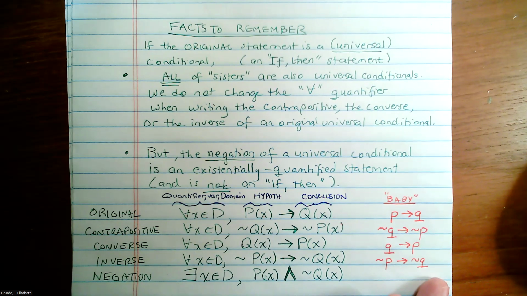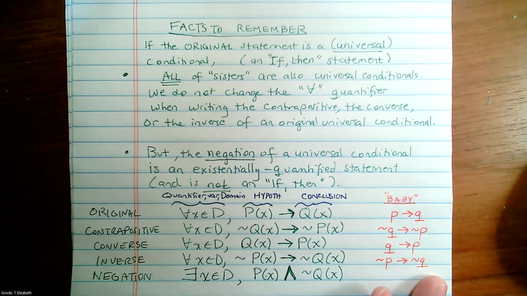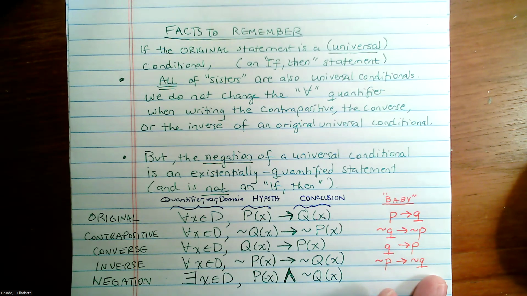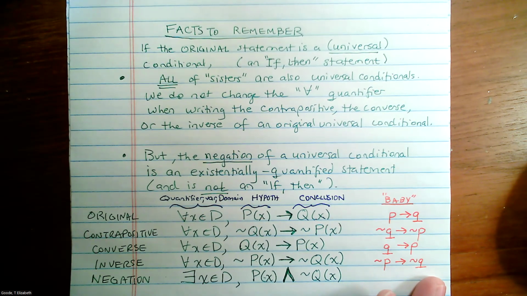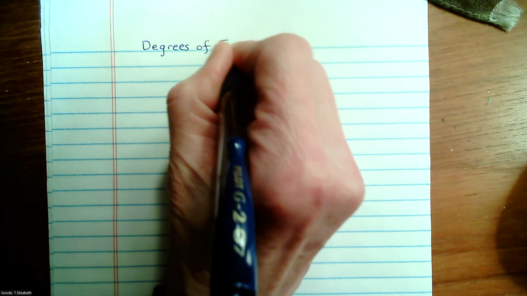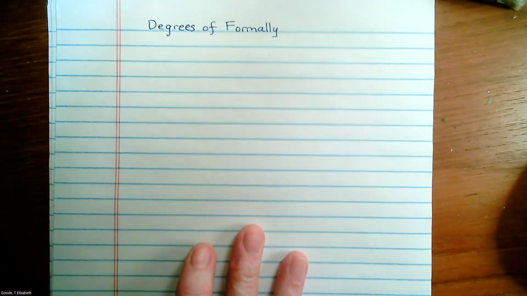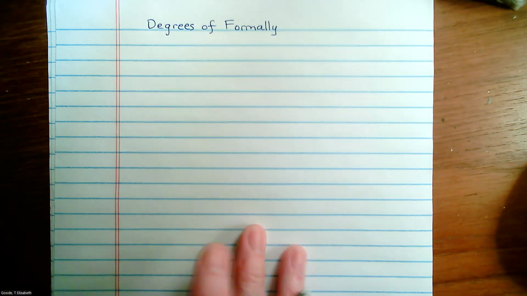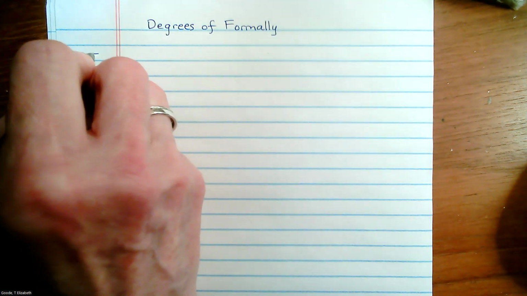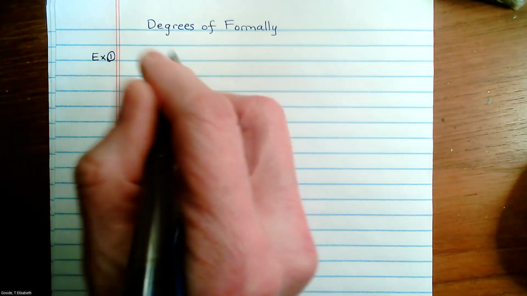And there are different degrees of formality, and the author shows you different degrees of formality. Let's go through a couple of examples. But the minute you start using any kind of symbol instead of a word, you're working in formal language.